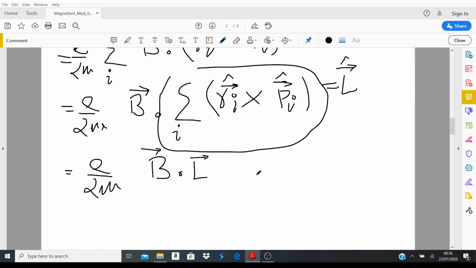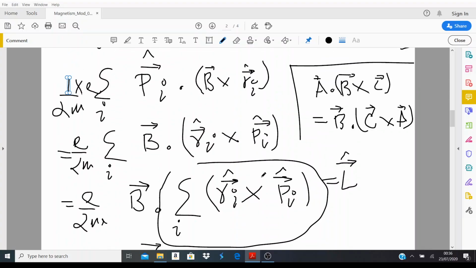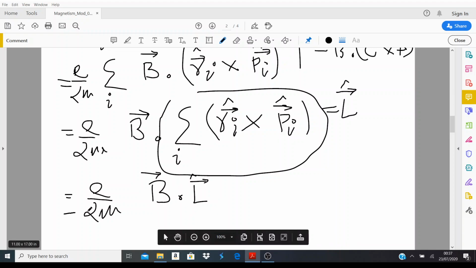Now, remember the important point that I mentioned in the previous lectures: in the diamagnetic atom, we are considering the closed shell. For the closed shell structure, do you remember the total angular momentum vanishes? So this term we can set to 0 for the closed shell structure.